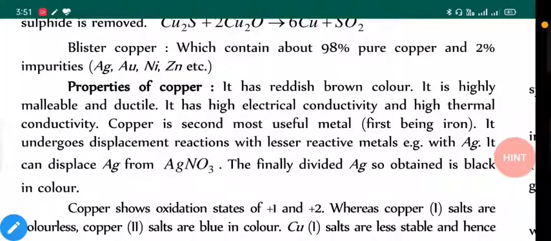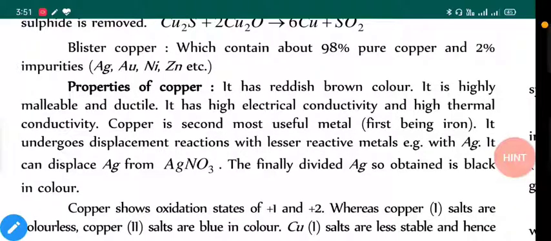If we check the reduction potentials of copper and silver, you will notice copper has a reduction potential of 0.33 V and silver has a reduction potential of 0.8 V, which is much higher than copper. That's why it can displace silver from AgNO3 and you will get Cu(NO3)2. The finely divided Ag so obtained is black in color.